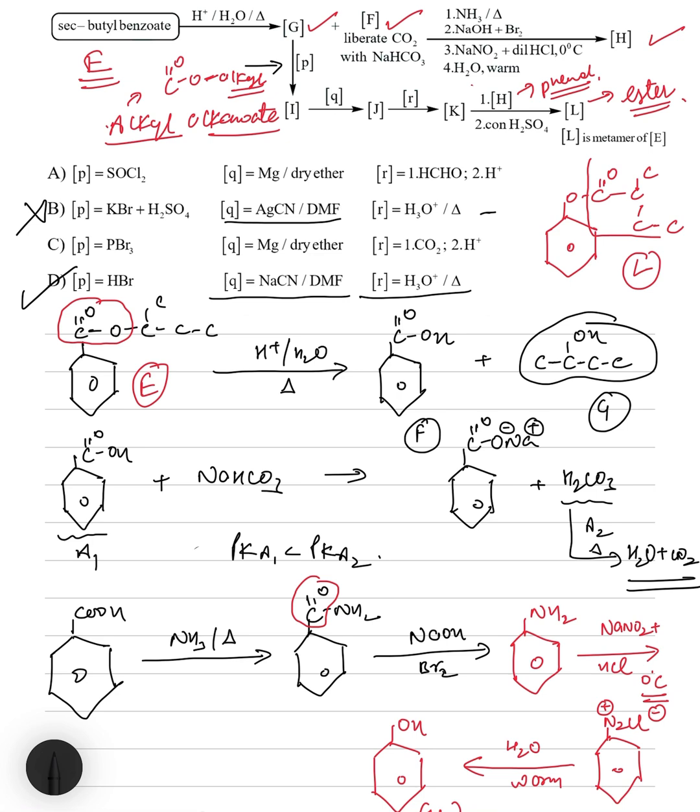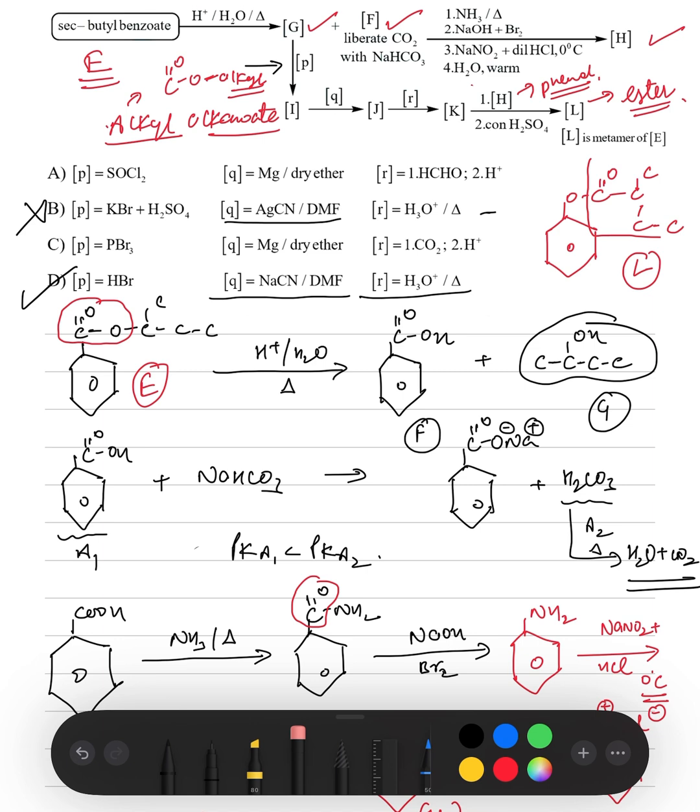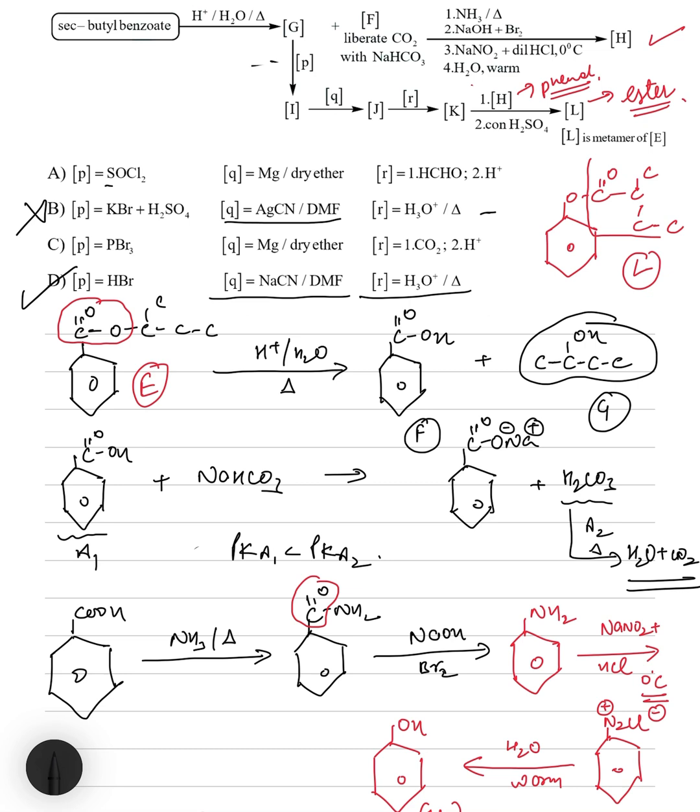Now if you compare option A, here also, P is SOCl2. Adding SOCl2 to a secondary alcohol is basically the Darzens reaction, right? Reacting SOCl2 with alcohol gives the Darzens reaction. This is the best way to react alcohol with SOCl2 to obtain alkyl chlorides. Are you remembering why?